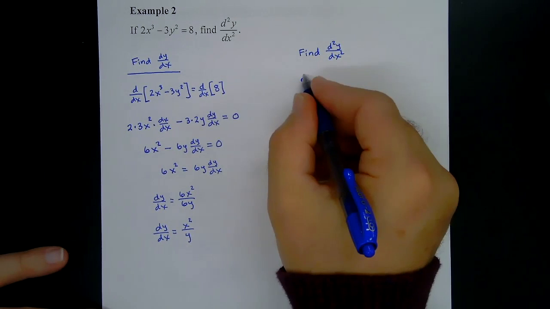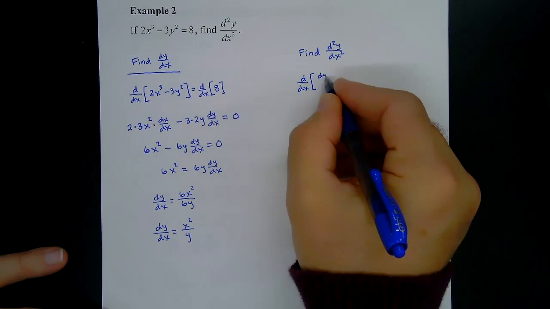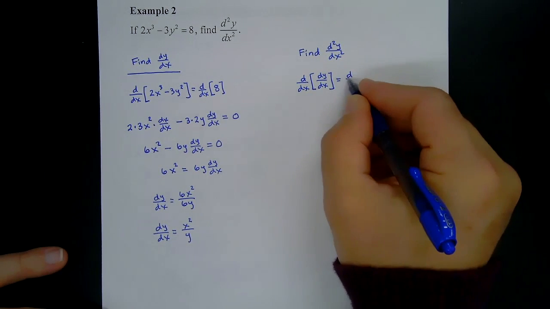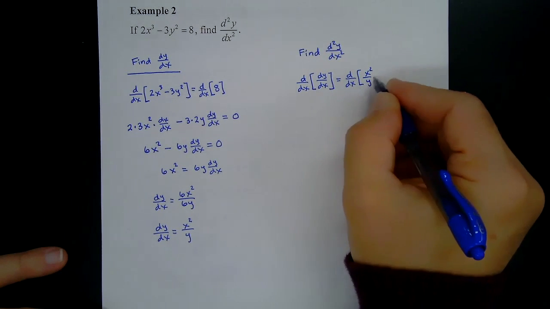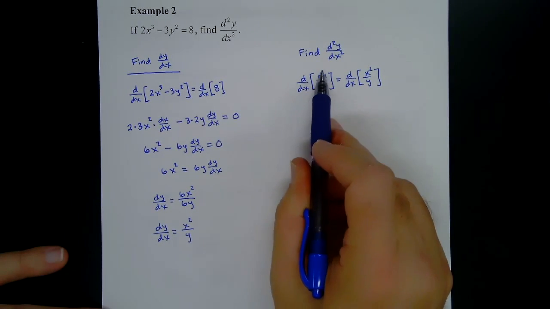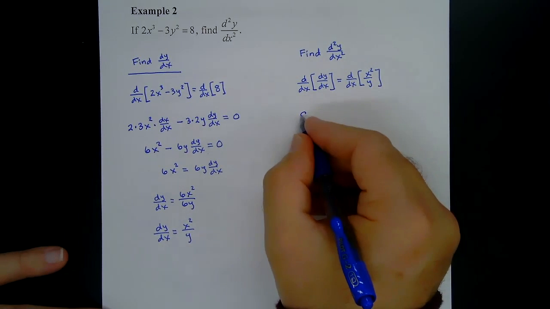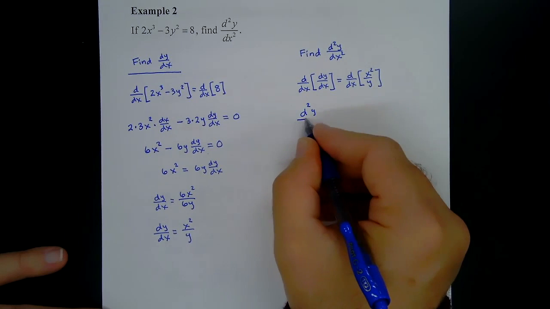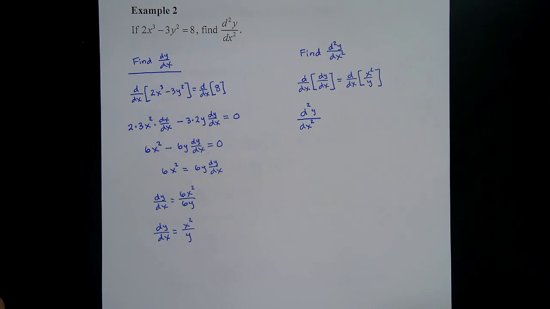That is d dx of dy over dx, which is equal to the derivative with respect to x of x squared over y. You start to see how the notation works. It looks like d squared y, but it's not. It's the second derivative over dx squared, like that.